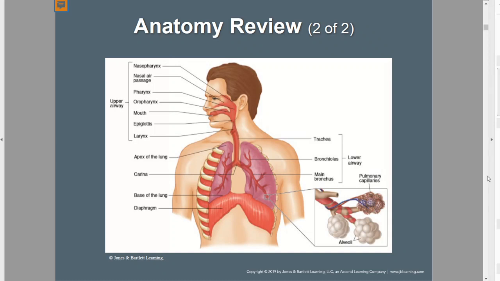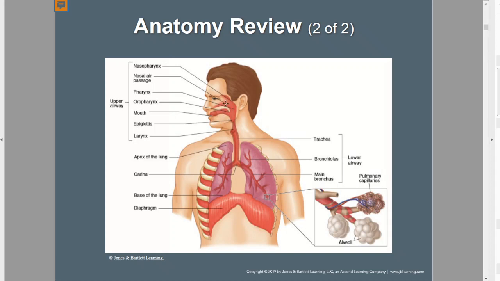We know that the pharynx is composed of 3 parts, right? We have the nasopharynx, we have the oropharynx, and we have the hypopharynx. And we know pharynx just kind of means throat.